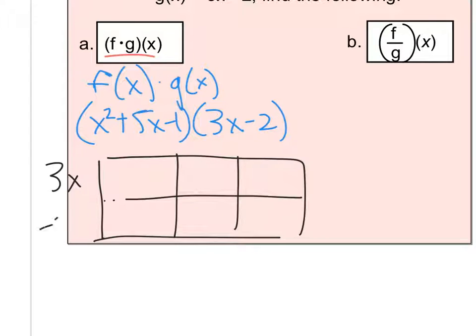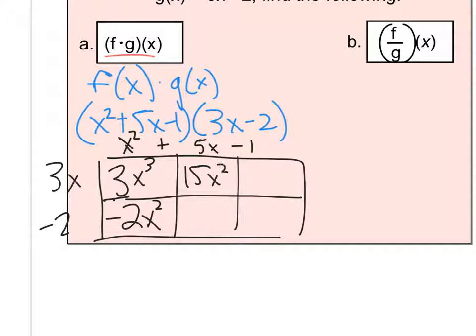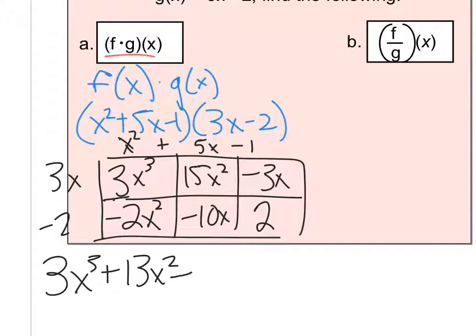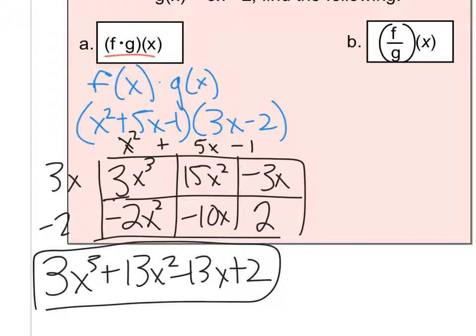I go 3x minus 2, x squared, 5x minus 1. Then I'm just playing the game of filling in the box. That's going to be 3x cubed, minus 2x squared, 15x squared, negative 10x, minus 3x, positive 2. So when I put this together, 3x to the third plus 13x squared minus 13x plus 2, there is my answer. Boom, right there.